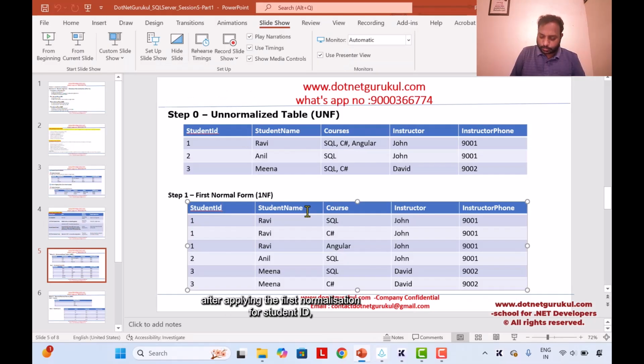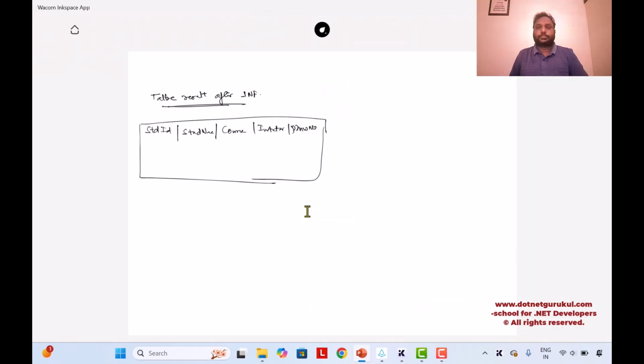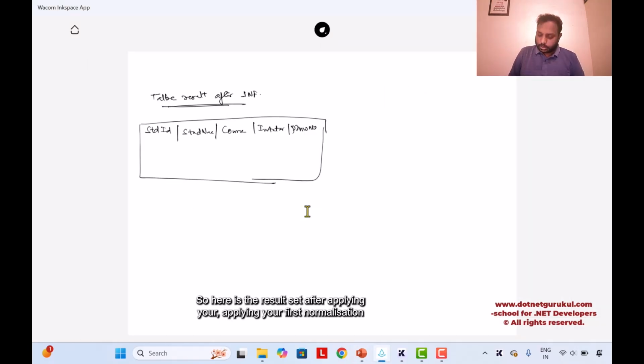The table result after applying the first normalization form has student ID, student name, course, instructor, and phone number. Let me get back to this tab again. So here is the result set after applying the first normalization form.